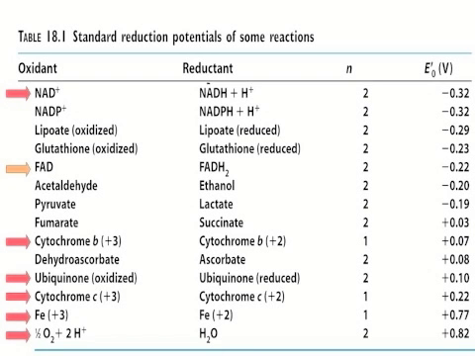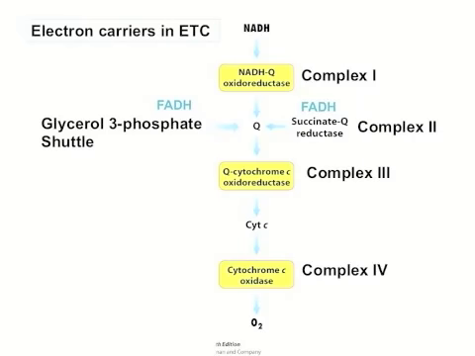And so we're going to pass electrons from a compound with the highest electron transfer potential to those with lower and lower and lower electron transfer potentials until we finally get to molecular oxygen, which will be the final electron acceptor, to yield water. In this slide, we see a schematic of the electron transport chain.